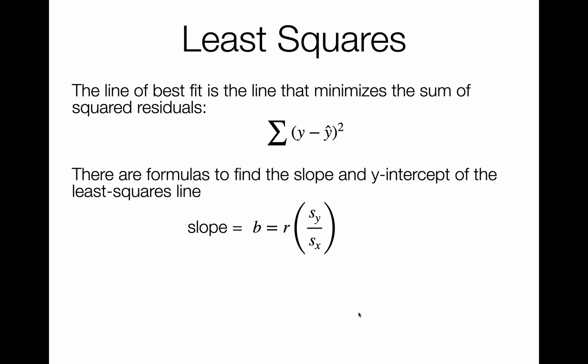It's the correlation coefficient r times s of y divided by s of x. We have the formula for r from a few slides before. If I multiply that by s of y over s of x, then I get the value for the slope. And then the y-intercept is y bar, the mean of the y values, minus the slope times x bar, the mean of the x values.